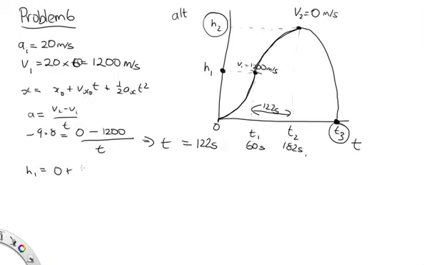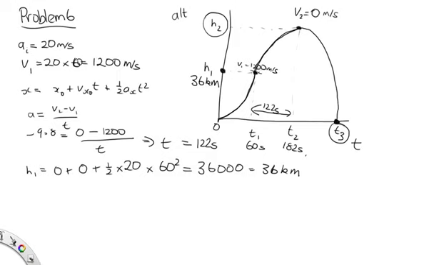Initially it's actually got 0 velocity, plus the acceleration, which is a half times, we're told it accelerates at 20 meters per second squared, and we're told this goes for 60 seconds. So when we do that on the calculator, we get 36,000, which is 36 kilometers. So let's just write this as 36 kilometers.